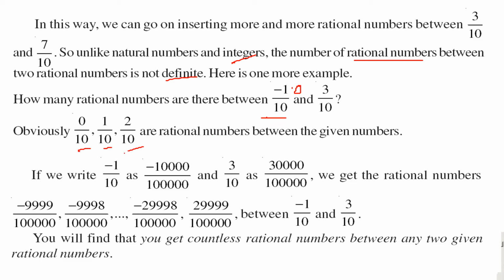But minus 1 by 10 can be written as, if you multiply the numerator and denominator by 10 to the power 4, that is 10,000, and 3 by 10 again by 10 to the power 4, you get an infinite number of them, from minus 999 to 2999 divided by 10 to the power 5. So in fact, there are countless rational numbers between any two given rational numbers. They are countless.